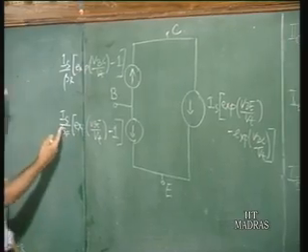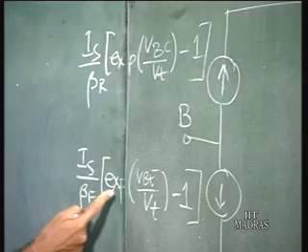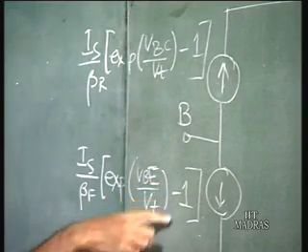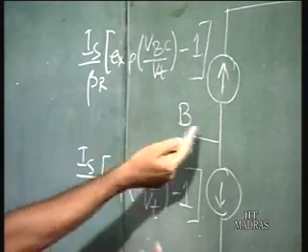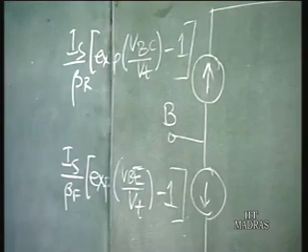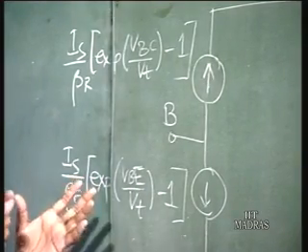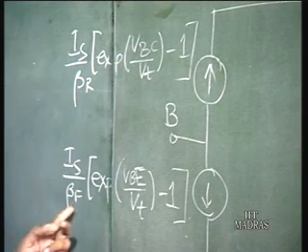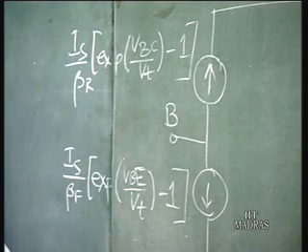This is given by Is by beta f exponential Vbe by Vt minus 1, and the base current is given by the sum of these two current sources. And again all the currents are expressed in terms of the 3 parameters Is, beta f and beta r. All right.